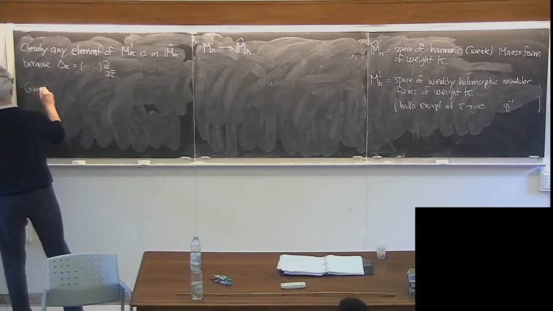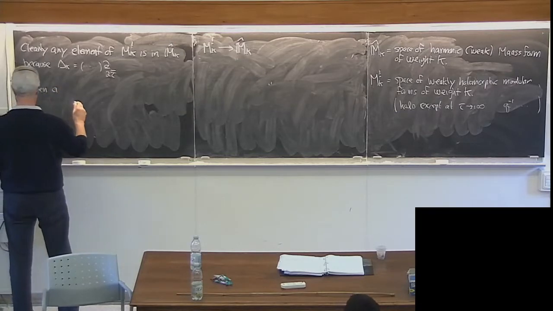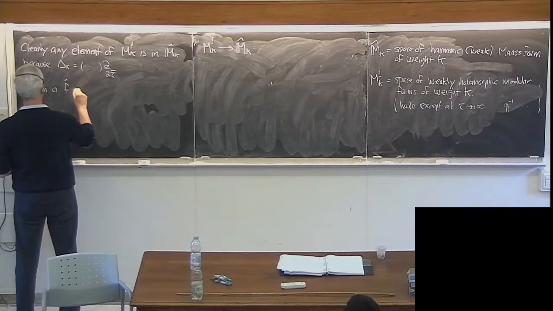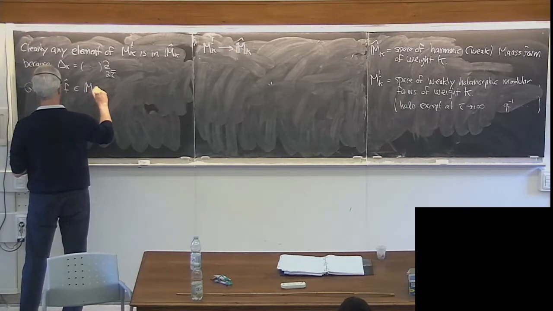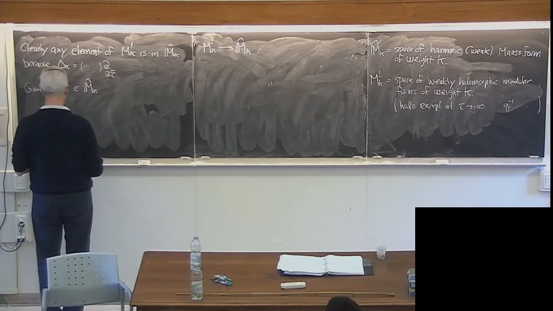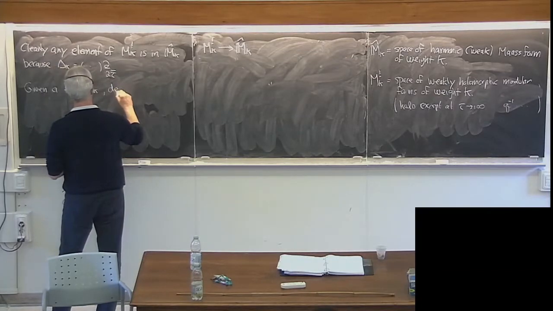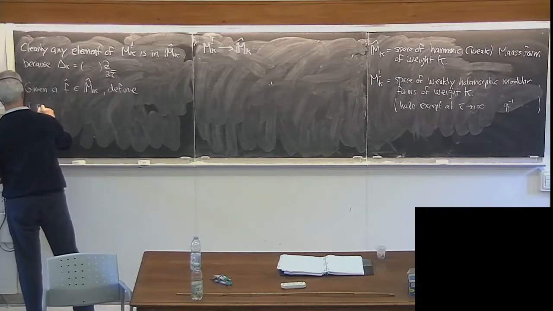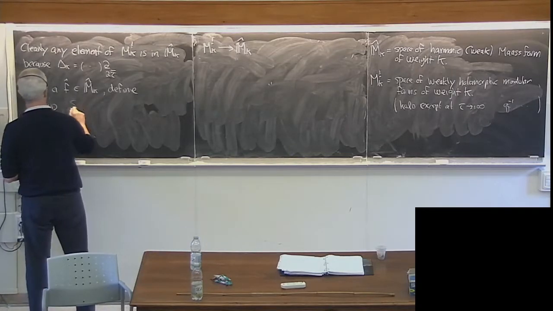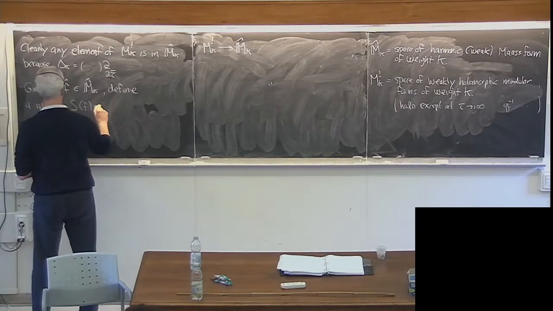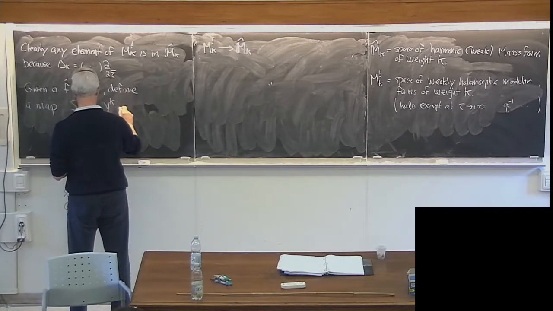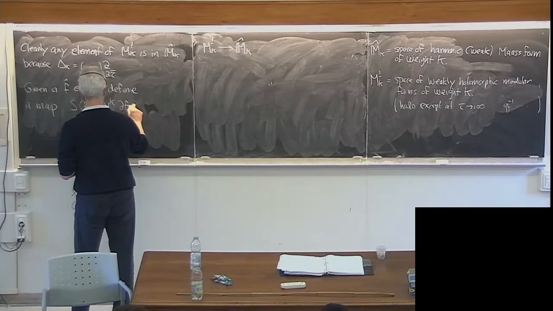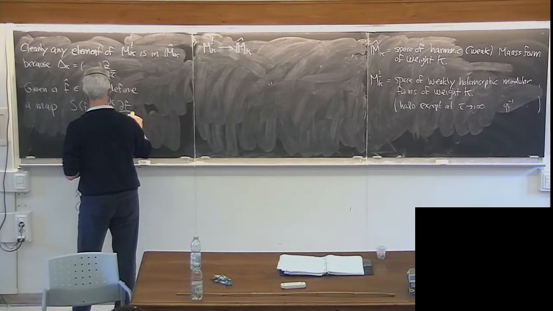Now we'll define another map. Given a function f hat that's in this space of harmonic mass forms, I'll define a map S of f to be y to the k times df by d tau bar.